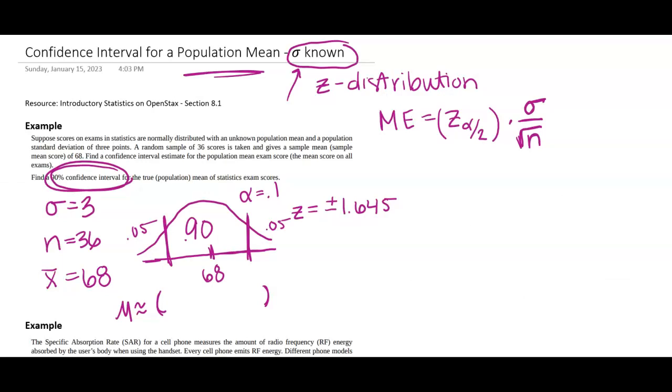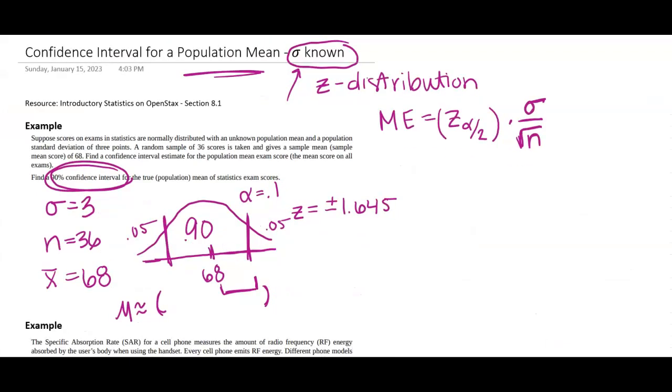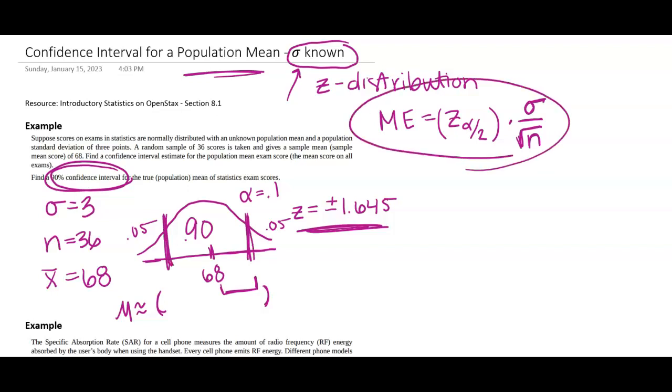All right, so let's figure out what that margin of error would be to get to that part on our actual number line. So this is our standardized number that we're looking for on our normal curve, but then I need to put that in some context here. So I'm going to say, okay, margin of error is then just 1.645, because I know I'm going to add and subtract it from 68, so I don't need the plus or minus there.